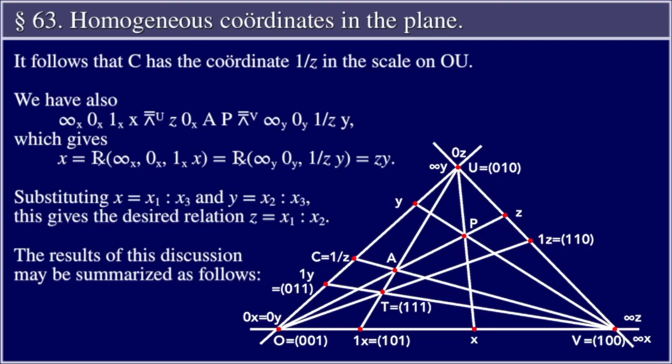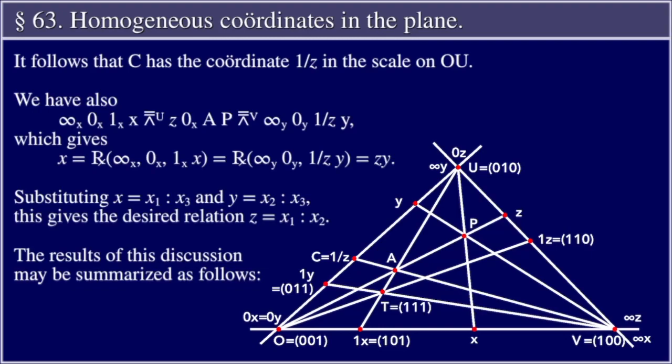We have also ∞_x, 0_x, 1_x, x is perspective with center U to z, 0_x, AP is perspective with center V to ∞_y, 0_y, 1/z, y, which gives x equal to the net of rationality, r(∞_x, 0_x; 1_x, x) equal to r(∞_y, 0_y; 1/z, y) is equal to zy.